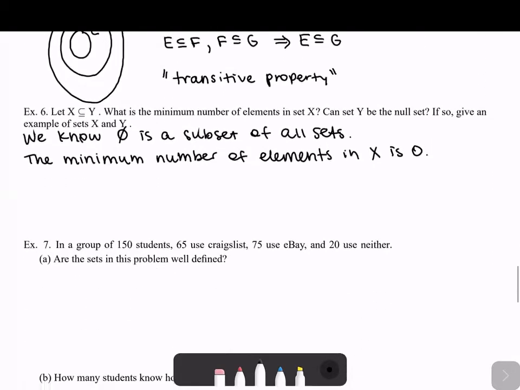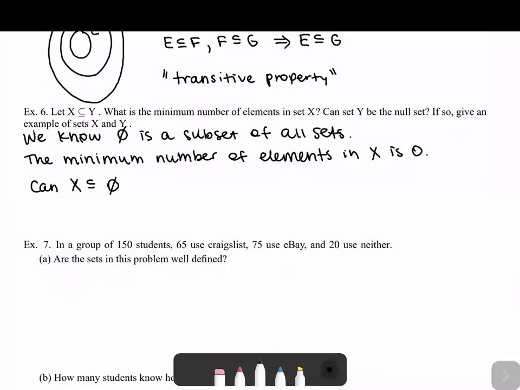Okay, so the next question is, can Y be the null set? If Y is the null set, then we want to know, can X be a subset of the null set? What we talked about in example 4, since we're considering Y as the null set, is that every subset has to have 0 up to the cardinality of that set elements.